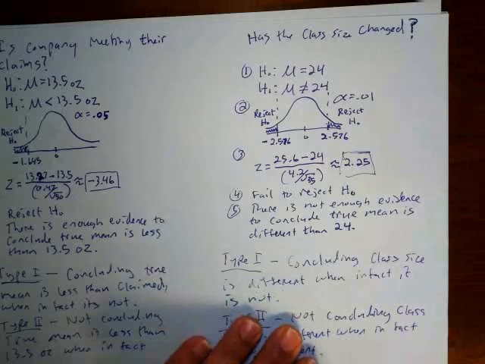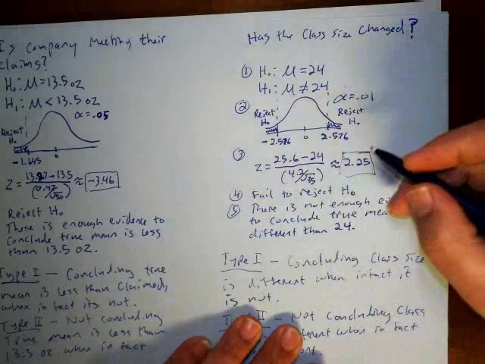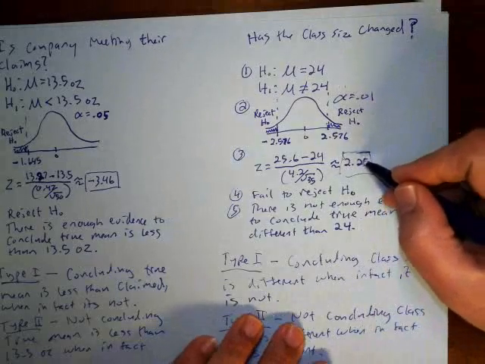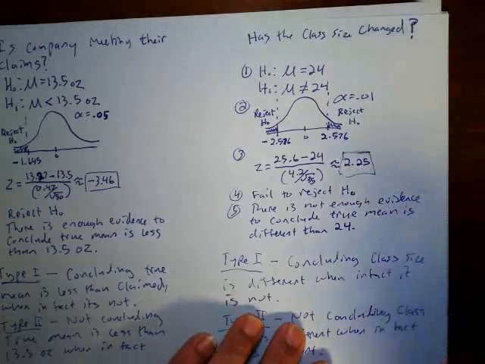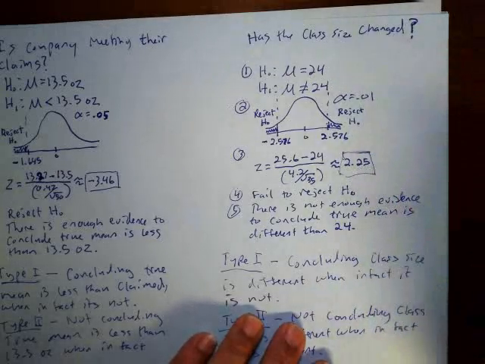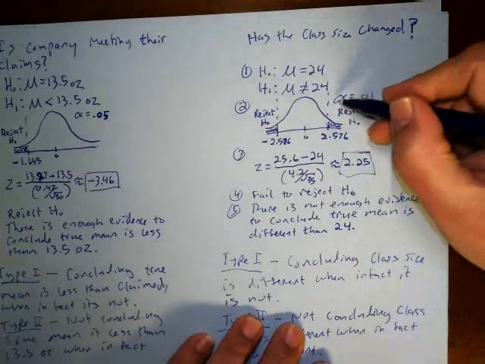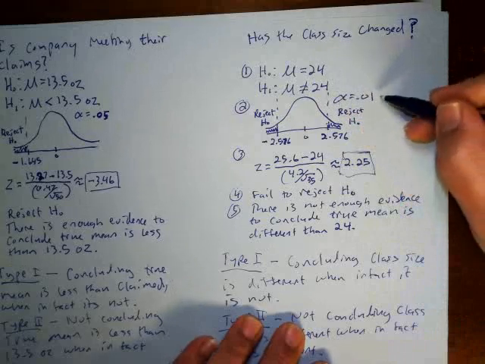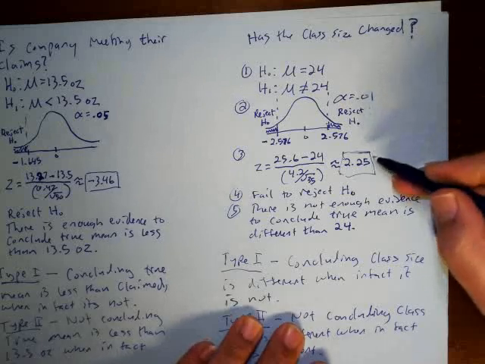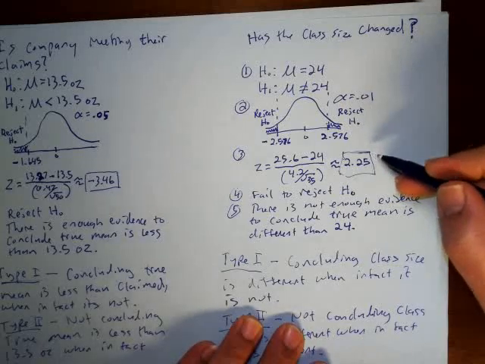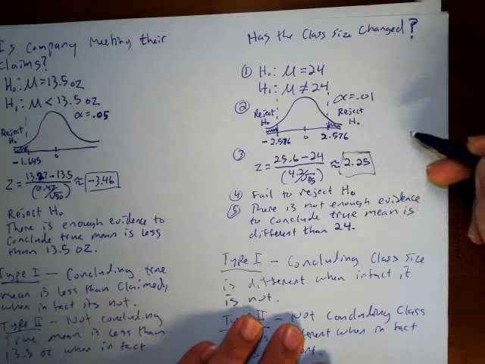And so oftentimes what people will say is that the difference, if there is a difference, is not a statistically significant difference, at least not at the 0.01 significance level. Given this significance level, which is a pretty high significance level, the difference, if it exists, is not statistically significant.